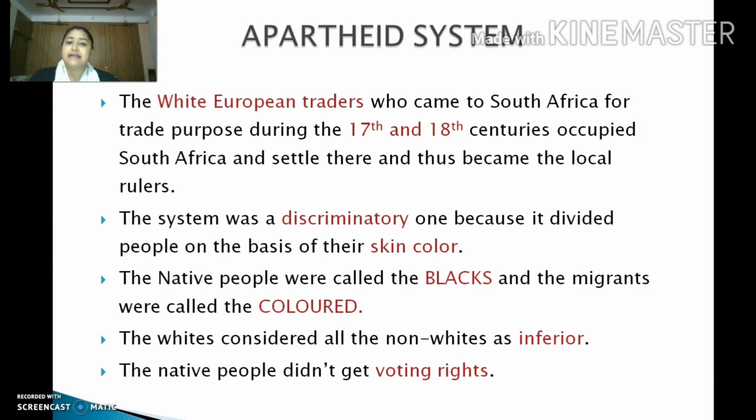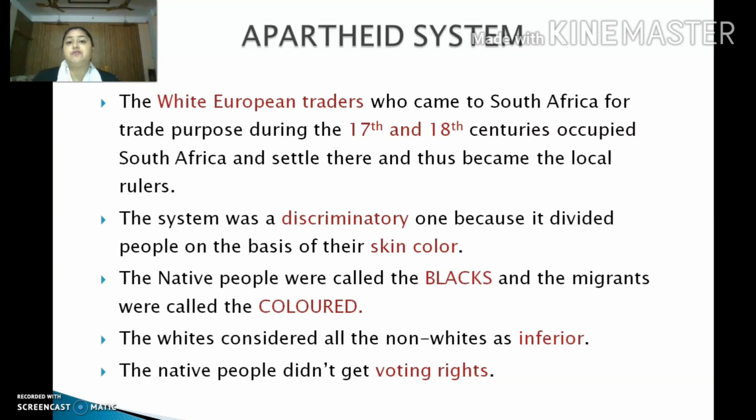Okay, they started settling down because they wanted to establish trade here, and slowly, by force, they started removing the local rulers there. And slowly the local rulers were replaced by the European traders, and these traders later on started this political system called apartheid.